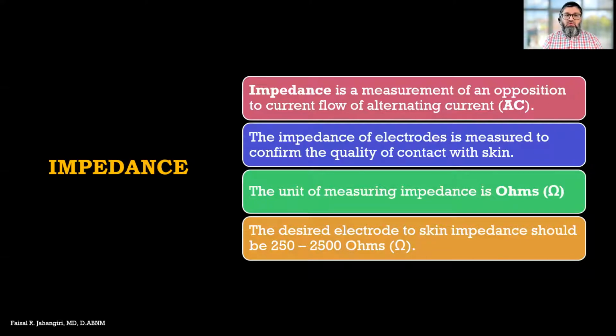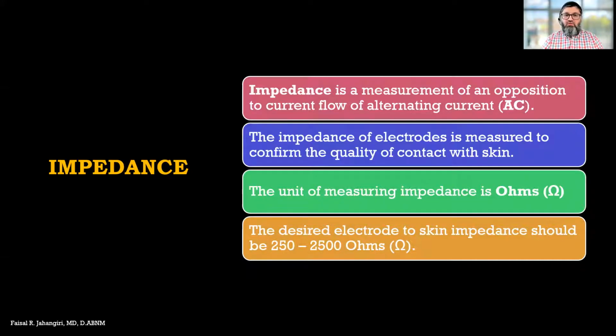So why don't we want zero resistance or zero impedance? The reason is when we have zero or very close to zero, that means it's a short circuit. You cannot have a zero resistance if there's a contact between the electrode and the skin. A resistance or impedance very close to zero means that the two electrodes, the active and the reference, are touching each other.